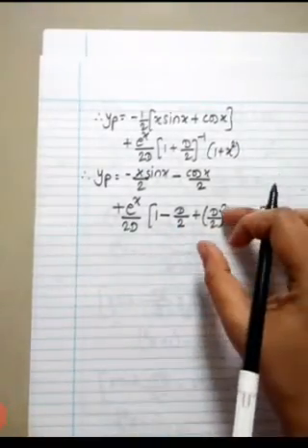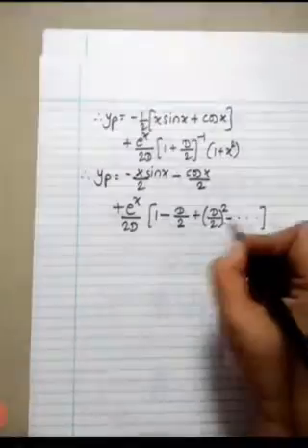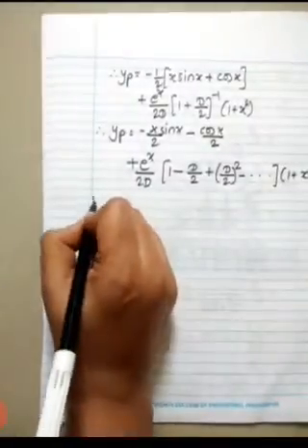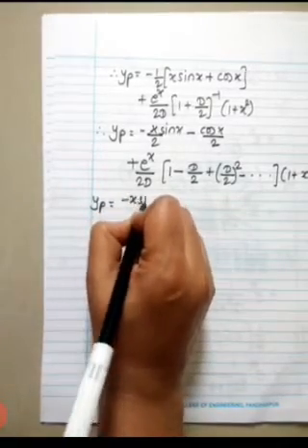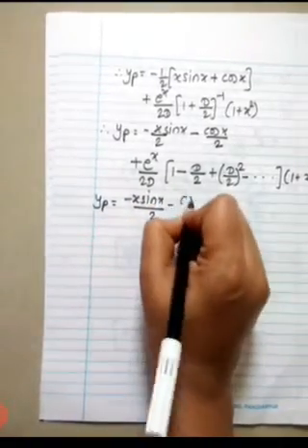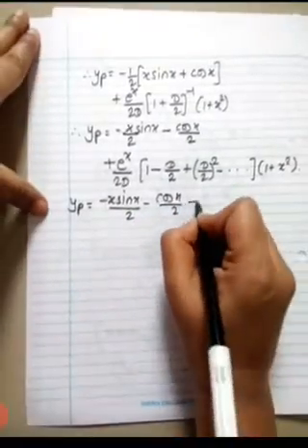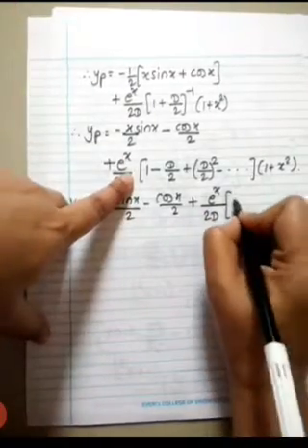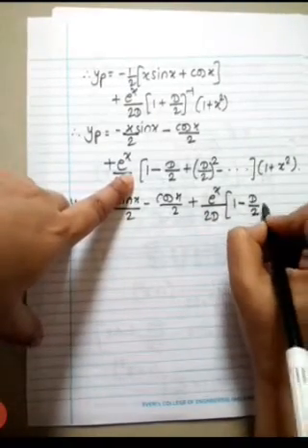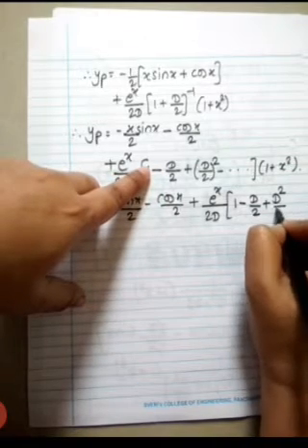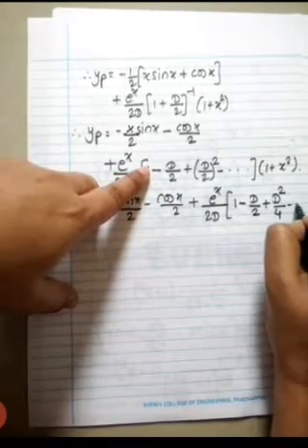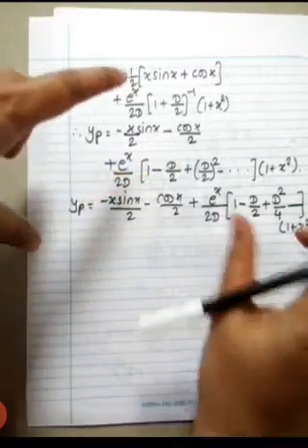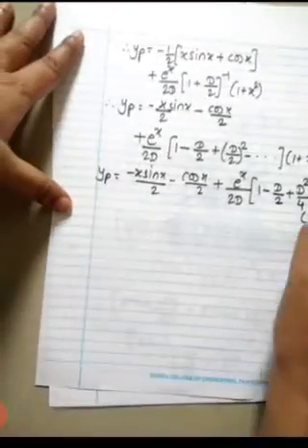I will write up to d square only, as here it is square, we will stop, and so on, into 1 plus x square. So yp is minus x sin x by 2 minus cos x by 2 plus e raised to x by 2d into 1 minus d by 2 plus d square by 4 and so on into 1 plus x square, and that so on will get finished here. These many terms only will survive, right?